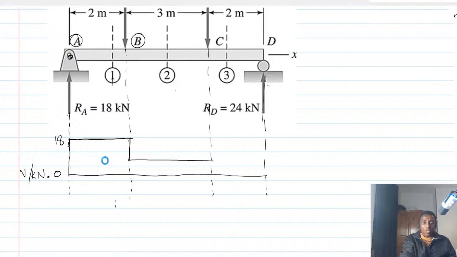Is that right? So it reduced from 18 to 4 kilonewton. That's what it means between B and C.